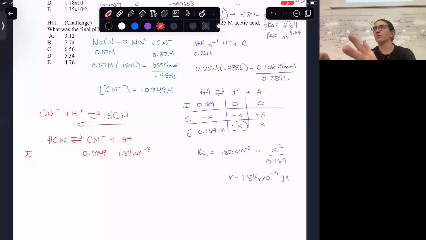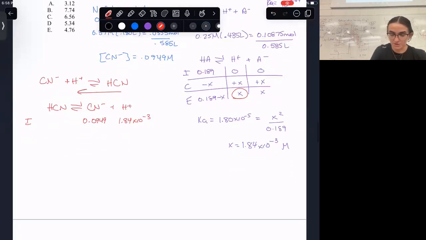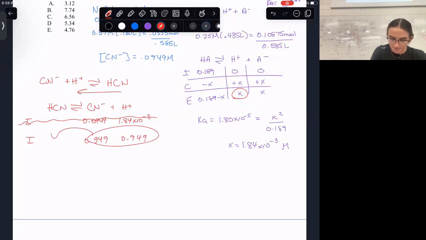Does this make sense? No, not yet, at least. Because we will have a situation where it's no longer an initial of 0.0949 in this, where it now becomes all of this gets used up to form your concentration of HCN.